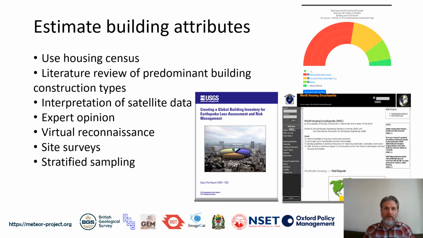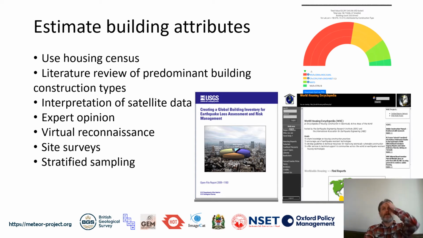It can be as simple as, like what we did for the level 1 data that we produced on the Meteor project, was to do things like look at the World Housing Encyclopedia, do a lot of web-based reconnaissance, look at as much street view and photos taken in country, and just regular satellite data, aerial photograph data that we can, and then use that to essentially make assumptions, and that's what we would call the global level.